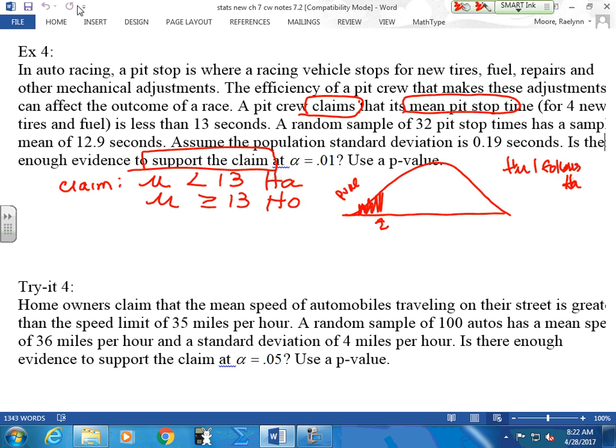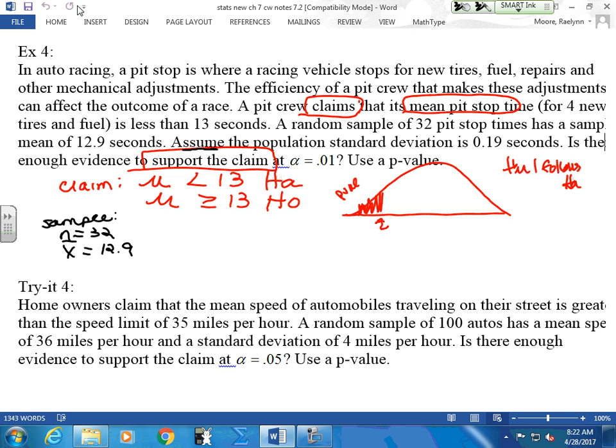So this claim is made about the population of this auto racing pit crew thing. I'm testing it with my sample. My sample has 32 cars or things that I tested, and I have a mean stopping time of 12.9 seconds. And because this is the mean one, I need to know what my population standard deviation was.